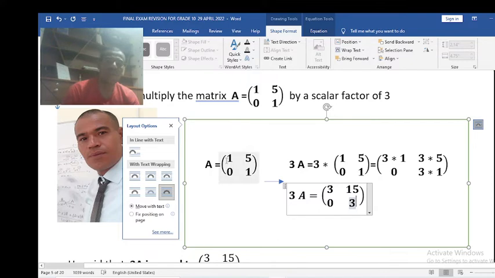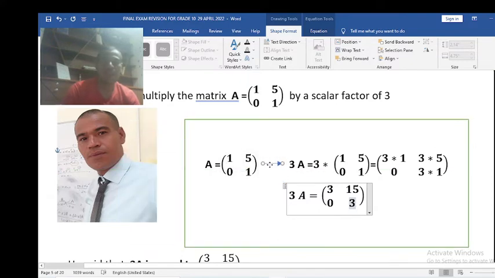Okay, so this is how you learners can explain your answer.